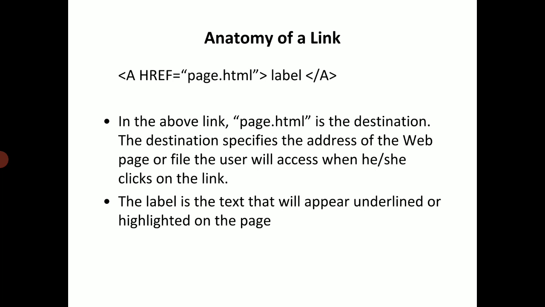And the label is the text that will appear underlined or highlighted on the page. This label is usually blue in color with underline. When we click this label, we will reach a particular page, that is page.html in this case.